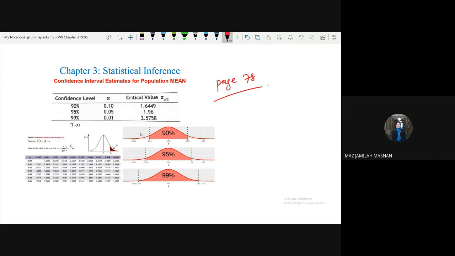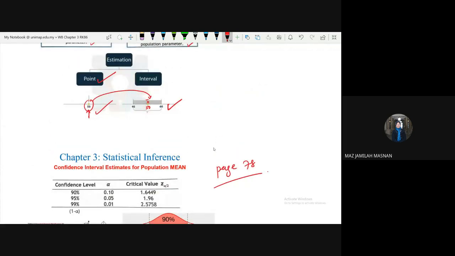Now, for point estimation, you just measure. For example, if you are talking about weight, you measure your sample, then you calculate. If you are talking about mean weight, you add all the sample weights and divide by n, so you can get your X bar.